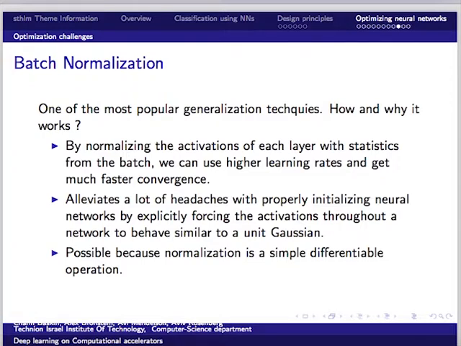The other is that it eliminates a lot of headaches with properly initializing neural networks by explicitly forcing the activations to have Gaussian unit behavior.